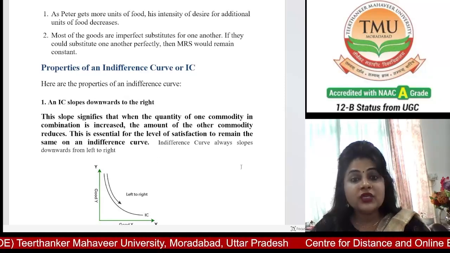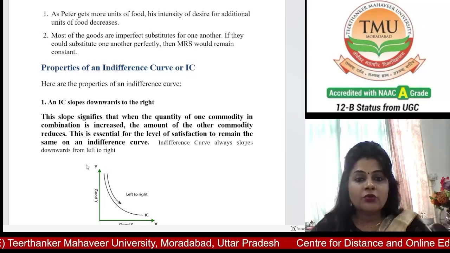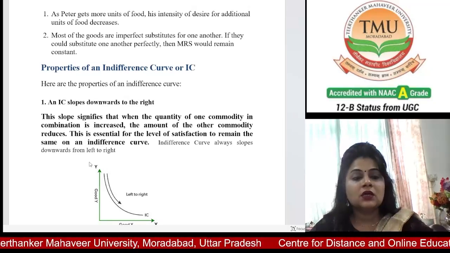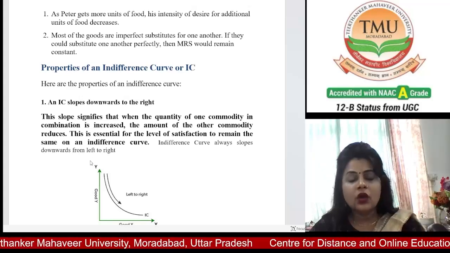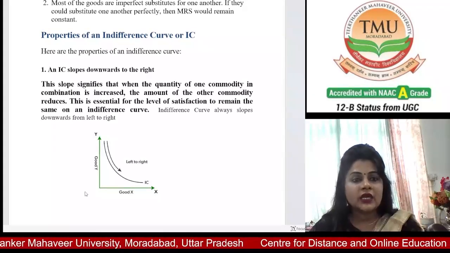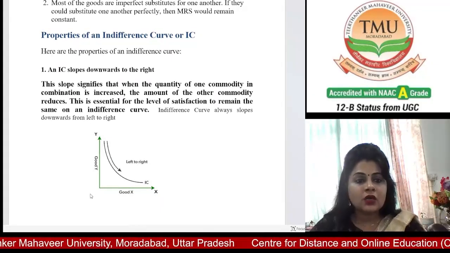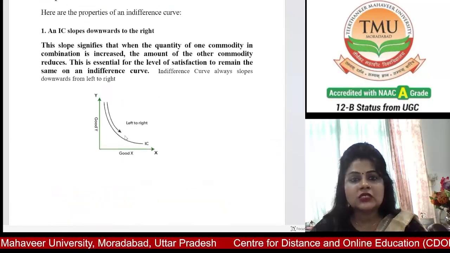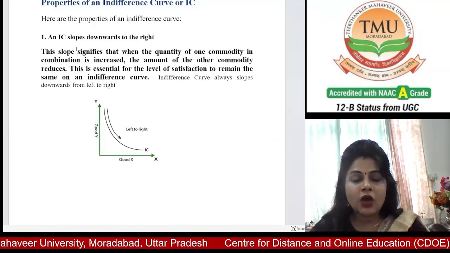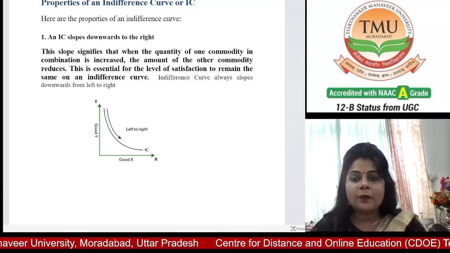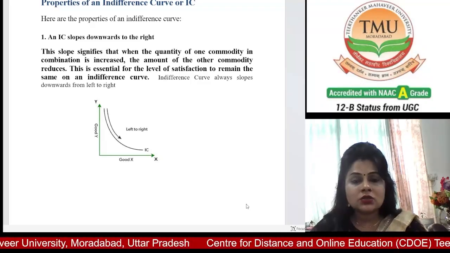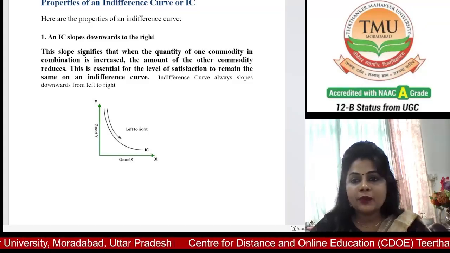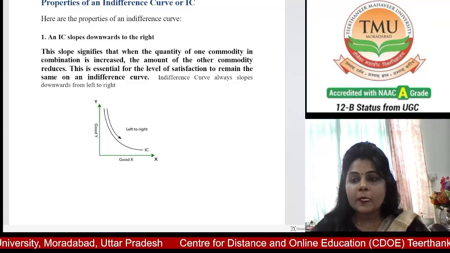An indifference curve always slopes downward from left to right. You can also see in this diagram that the slope of the indifference curve goes from up to down.